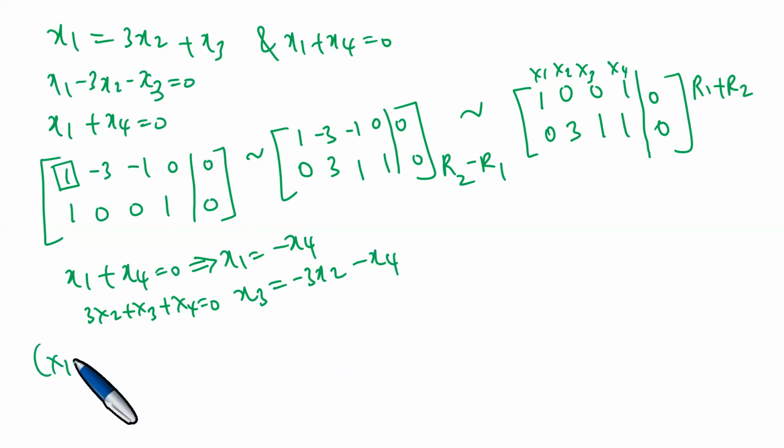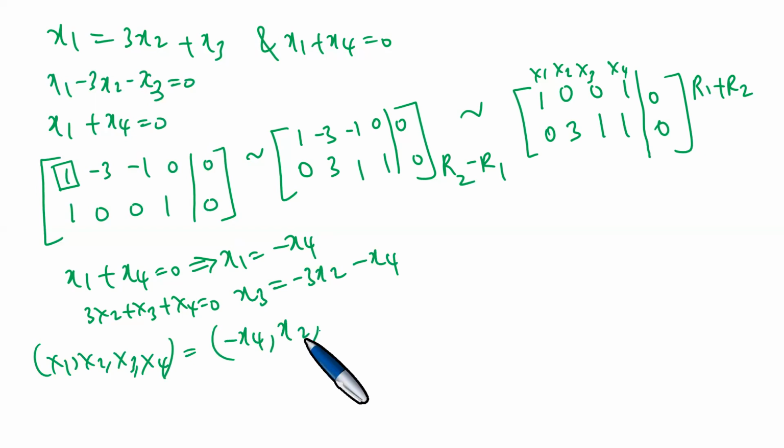Then you take the vector x1, x2, x3, x4. So this is x4. Then you have x2. Then you have x3, which is minus 3x2 minus x4. Then you can keep x4.